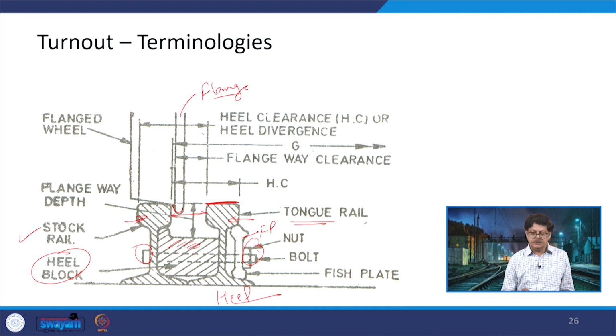So, you can see here this is the heel clearance or heel divergence. So, there are two ways in which it can be calculated. We have the flangeway clearance being used here and the width of the rail head on the outer side, or it can be in another form, the inner value and this one. So, either of those can be considered.